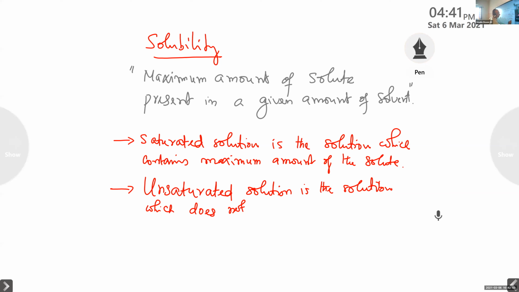I repeat, a saturated solution contains the maximum amount of the solute. An unsaturated solution does not contain the maximum amount of the solute.